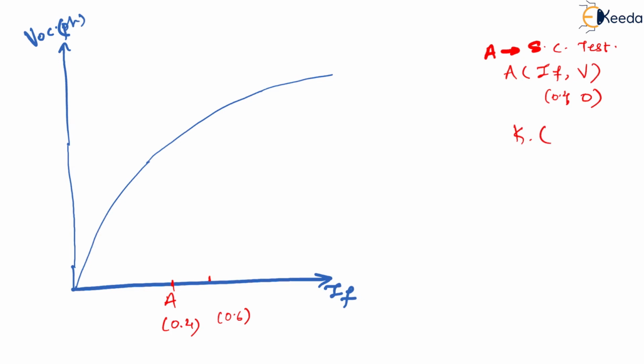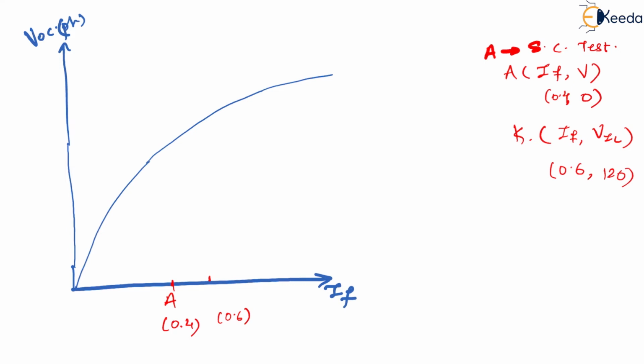In order to find K, what did you do then? Yes, so point K was nothing but IF comma VIL, the inductive load voltage, correct? So this IF we consider 0.6 which we got, and for example this is 120.